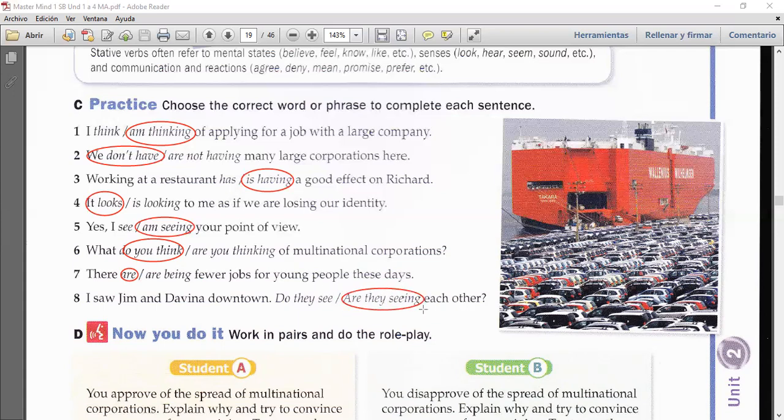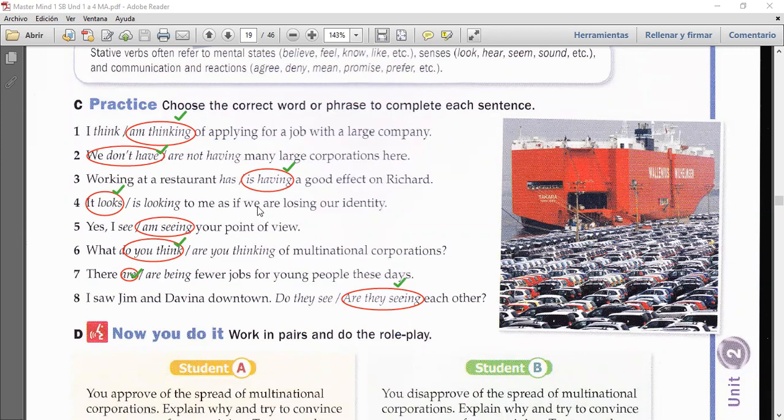Okay, let's check. One, correct. Two, correct. Correct. Correct. Correct. And correct.